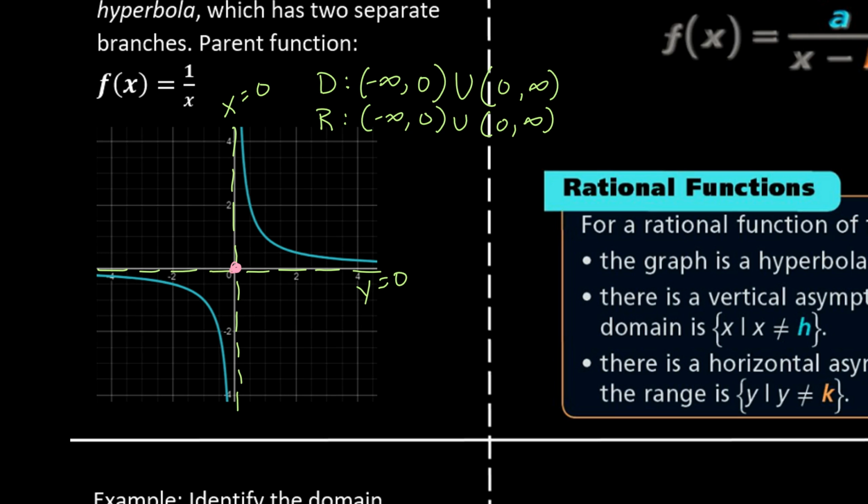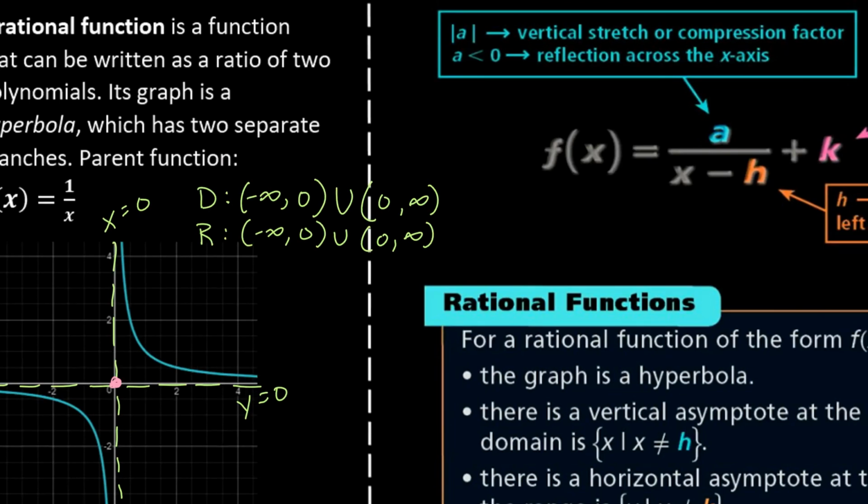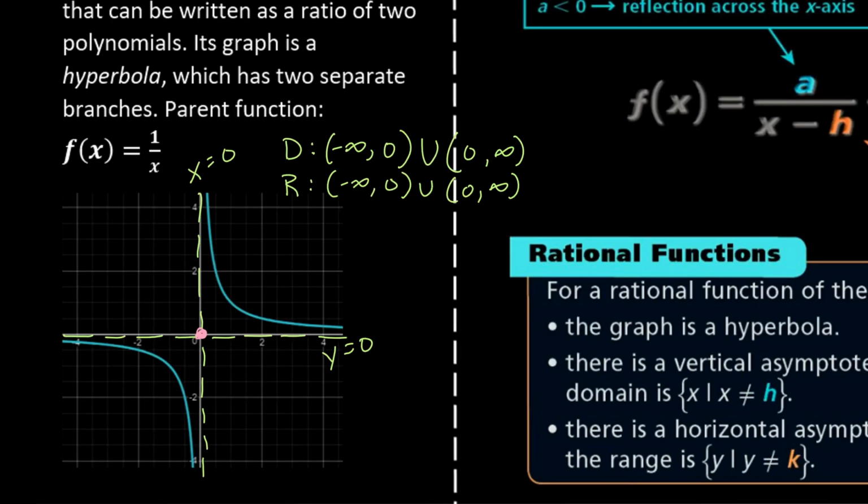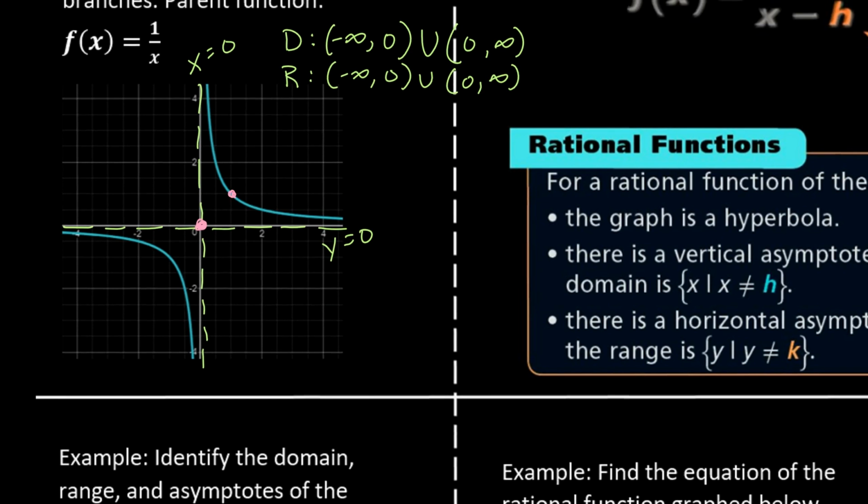So again, just like all of our other functions, the first point should be where? 0, 0, and then where do you go from 0, 0 to plot the next point? You go up 1 over 1. I know that this graph is kind of weird. To go up 1 over 1 is here.